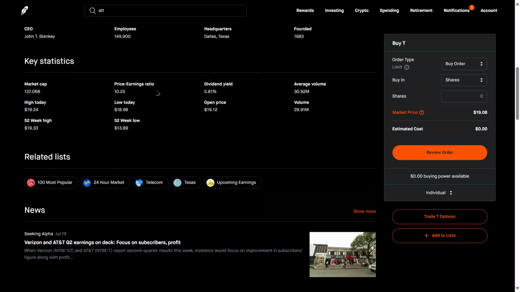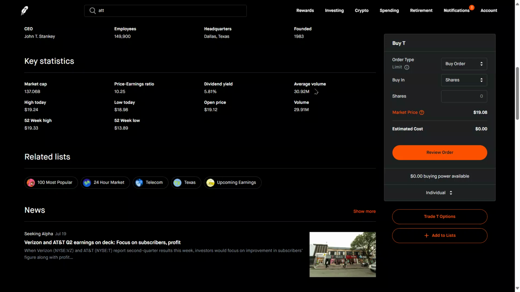This is some of the financial data about the company. This company actually pays dividends, so you see that there. This is the average volume. The average volume represents how many trades this company has on any given day. And trades consist of buying and selling, so it's not one or the other.